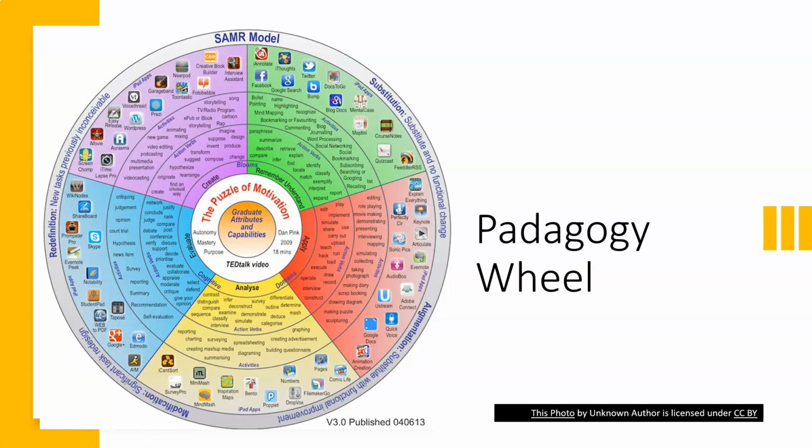The next level out has action verbs that describe what learning might look like at this level. In the remembering and understanding, you might have to summarize, or paraphrase, or describe, or identify. Moving another level out, you find the types of activities that you might do at this level.